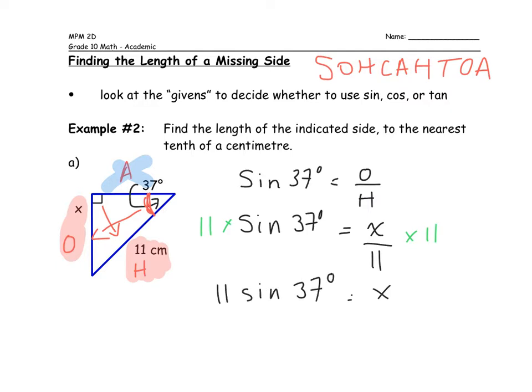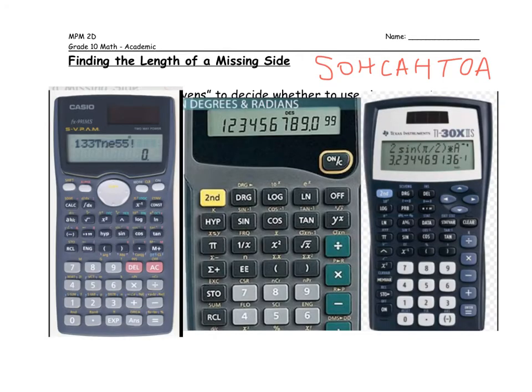So now is where I'm going to stop and explain a couple of details related to using your calculator. First of all, let me just pull up a calculator. I've taken some snapshots of some of the most common calculators that I see students using.